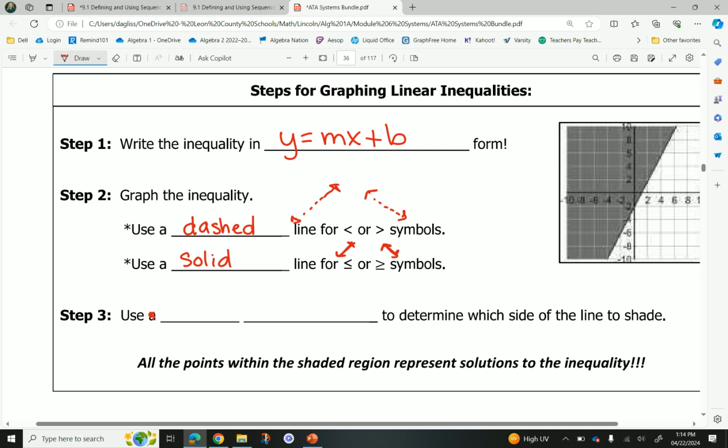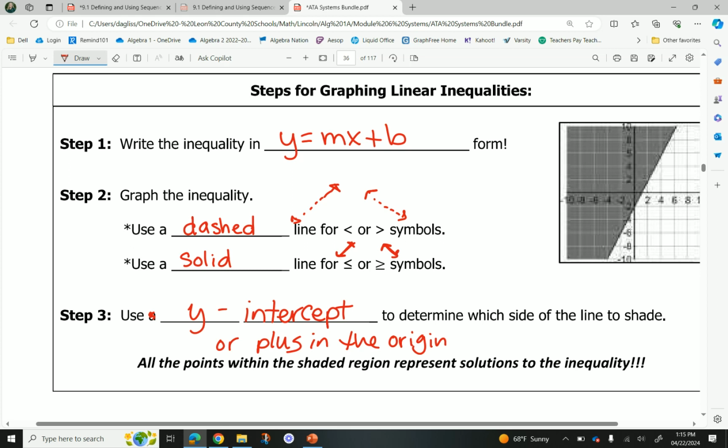We're going to either use our y-intercept to determine which side of the line to shade, or we can plug in the origin. So we're going to locate our y-intercept to shade above or below that point. Greater than, we shade above. Less than, we shade below the y-intercept.